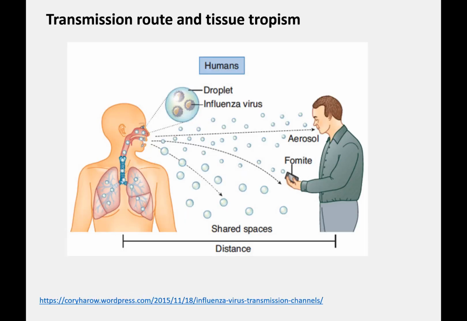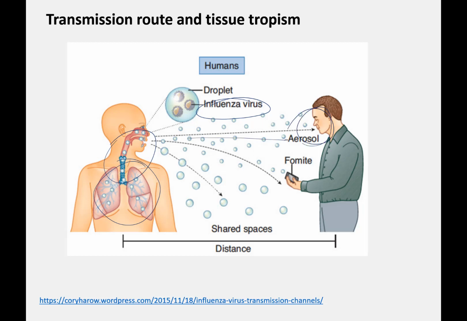So just to come back to where we started, again, I want you to look at the transmission route for your virus that you've been assigned and connect it to tissue tropism. So how does it make sense? So remember, I'm working on influenza, and influenza affects the upper respiratory tract, and so that makes sense because its transmission is aerosol, right?